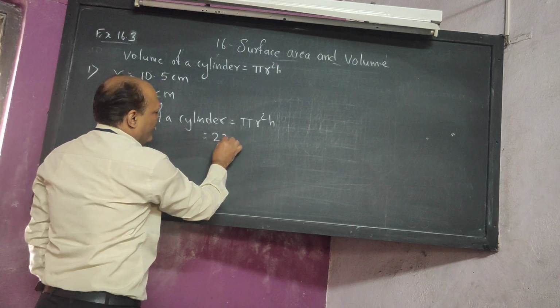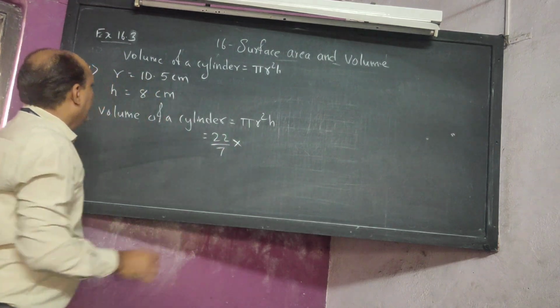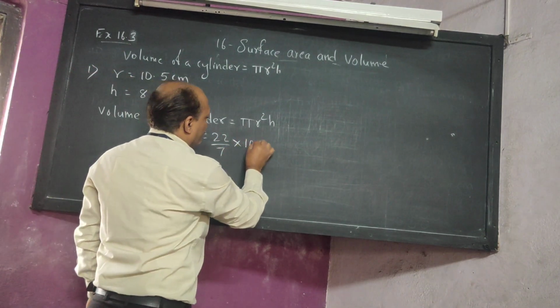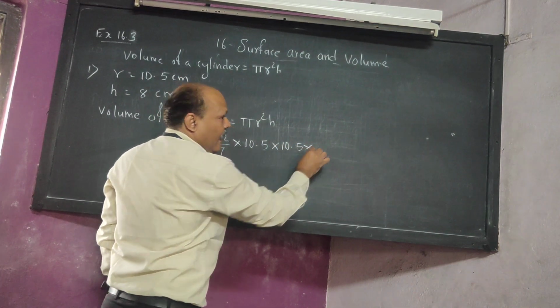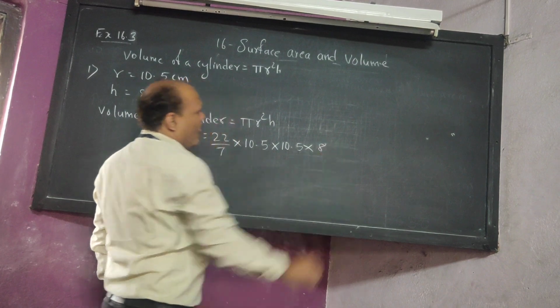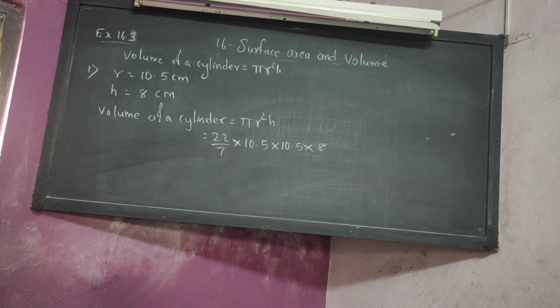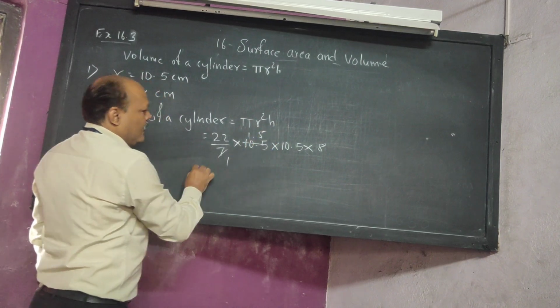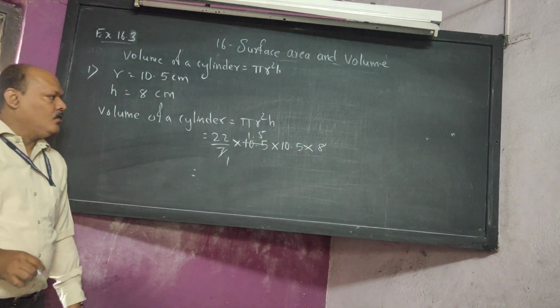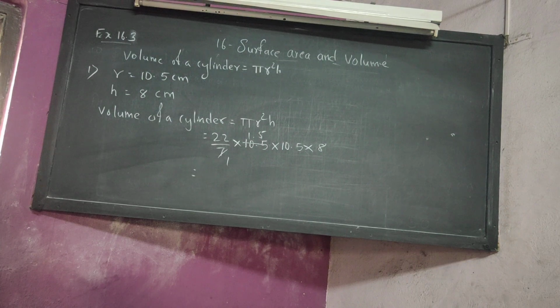The value of pi is 22/7. Radius squared is 10.5 into 10.5, and the height is 8. Now the cancellation part: 7 ones are 1.5. Now we have to multiply 22 into 1.5 into 10.5 into 8.